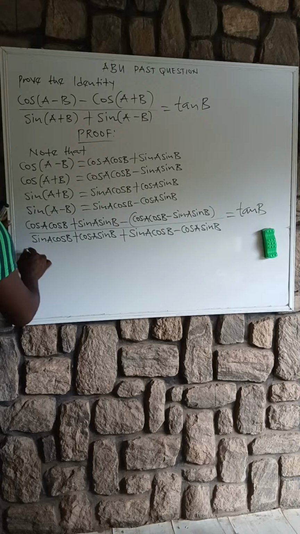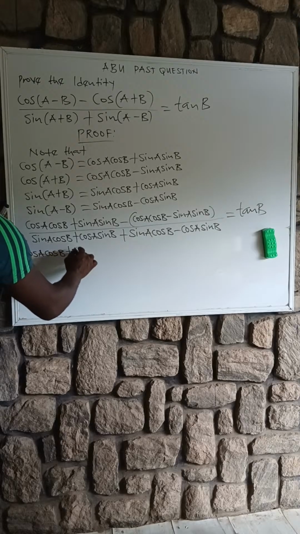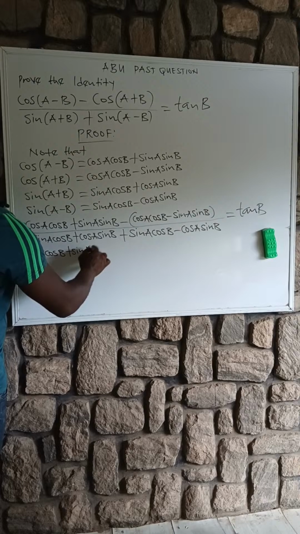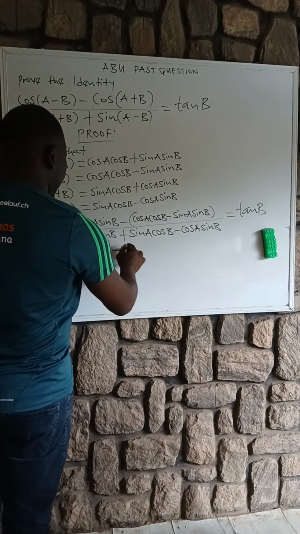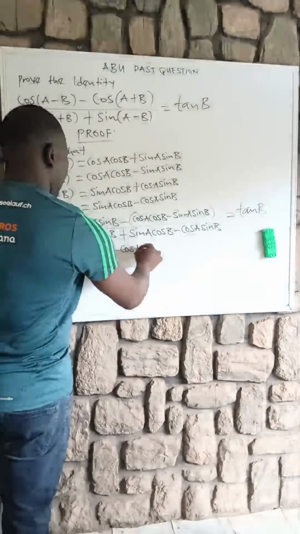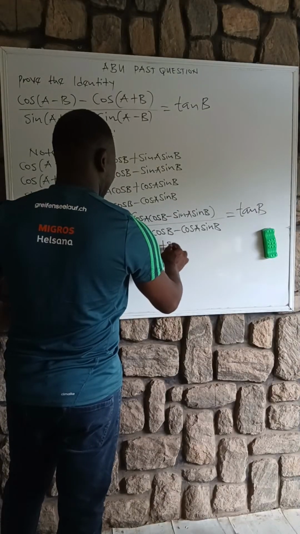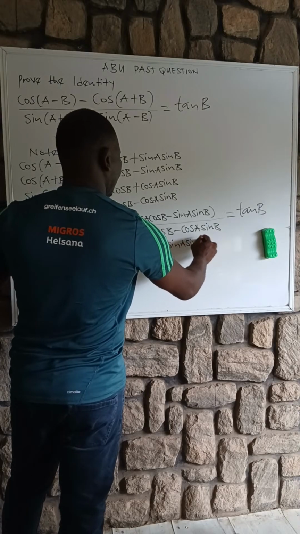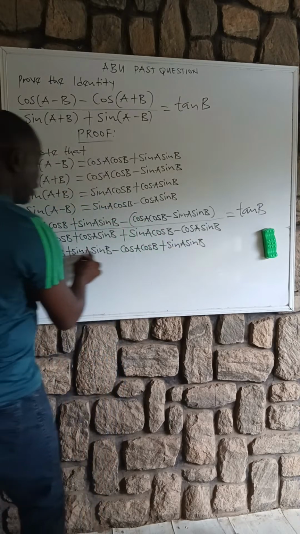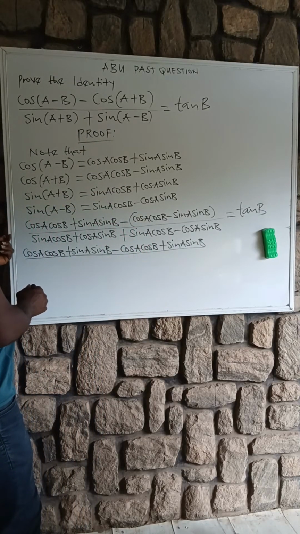So here is cos A cos B, then plus sine A sine B, this times this, minus cos A cos B, right? This times this plus sine A sine B. Then all over.